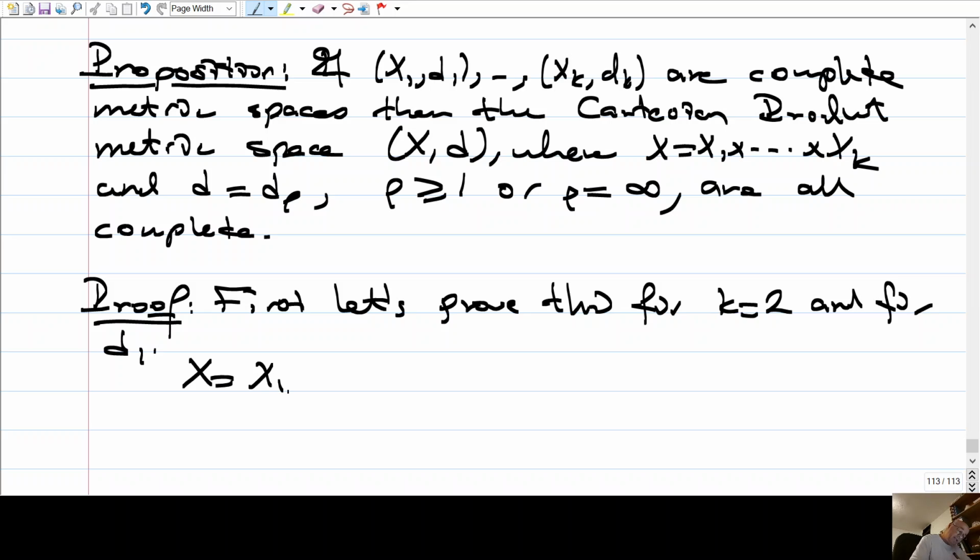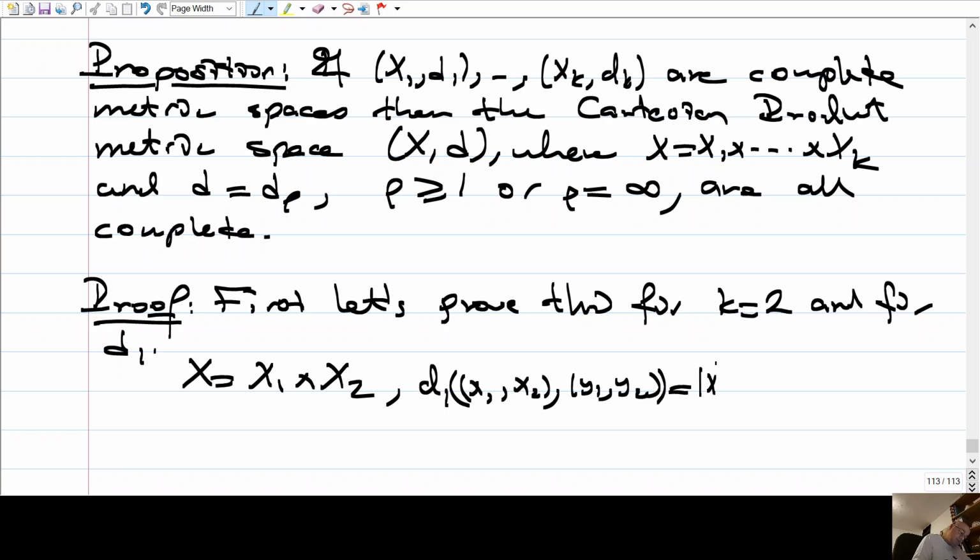X is X1 times X2, and d1 of, let's say, (x1, x2) and (y1, y2). So I have the Cartesian product of two metric spaces, and the d1 metric, remember what was this?